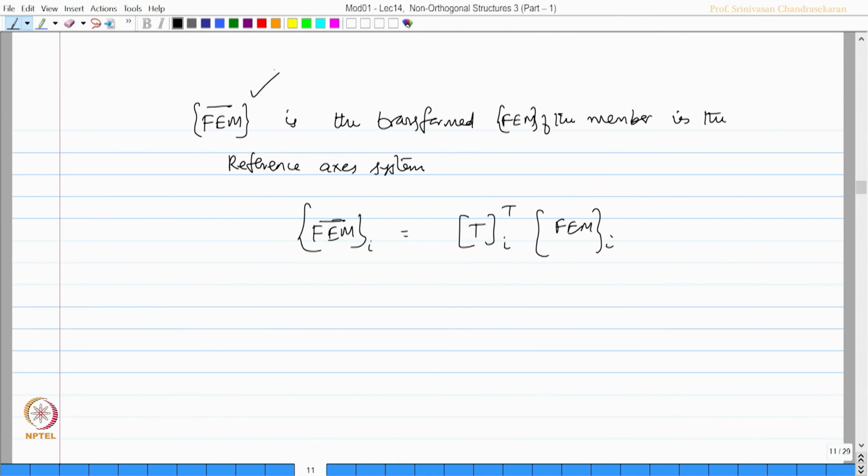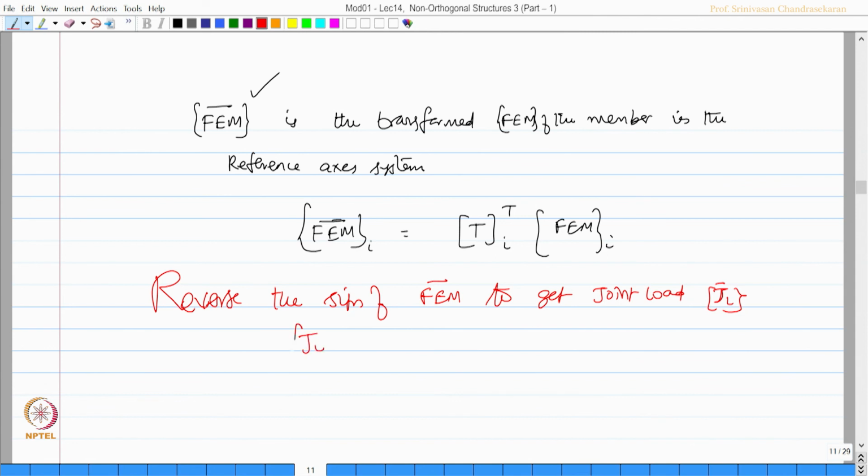Once I get FEM bar, reverse the sign of FEM bar to get the joint load. Okay. So, now I can get joint load bar of every member, but I want the joint load of the entire structure.